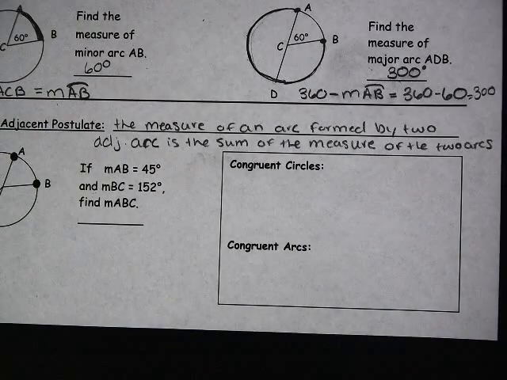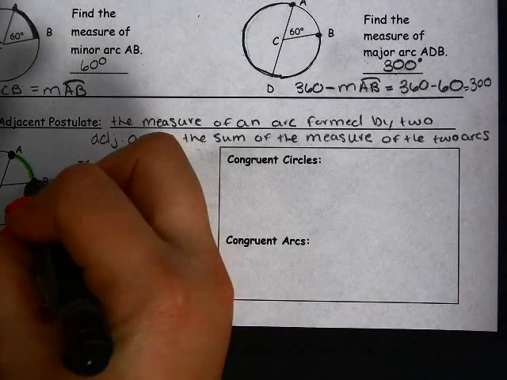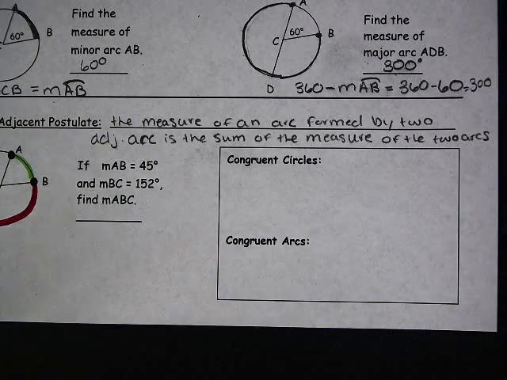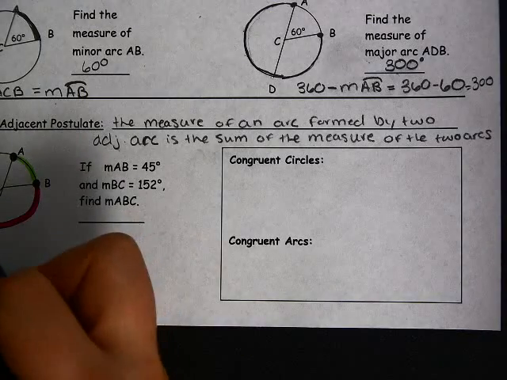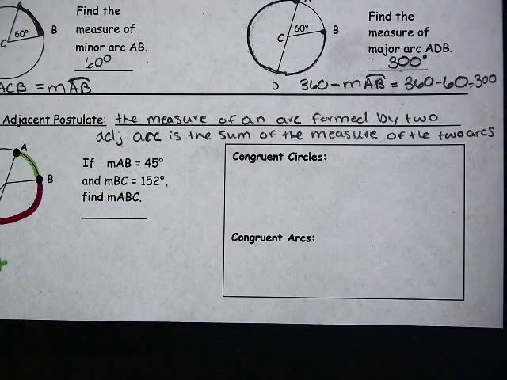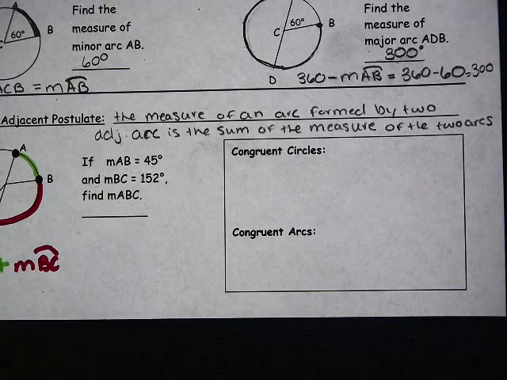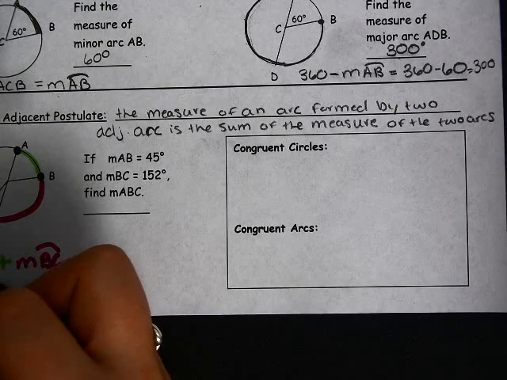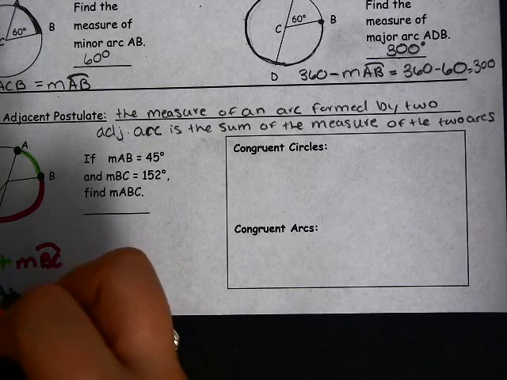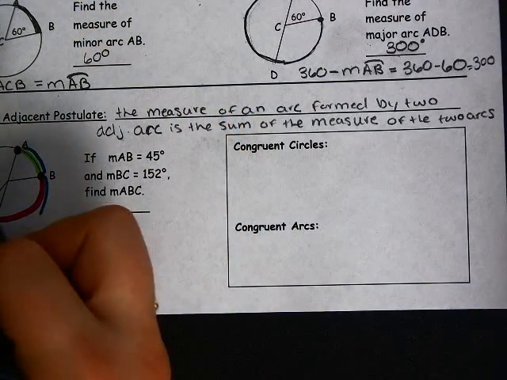Okay, so let me show you. So you have arc AB, and then you have arc BC, okay, and then this postulate is telling us that the measure of arc AB plus the measure of arc BC is equal to the measure of arc ABC.